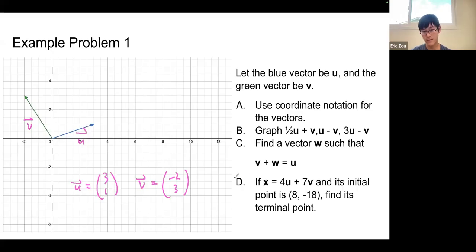Oh, for part D, remember that if you have the initial point, you can add the vector to get the final point, the terminal point. Well, you don't need to graph them, just maybe write it in coordinate form.